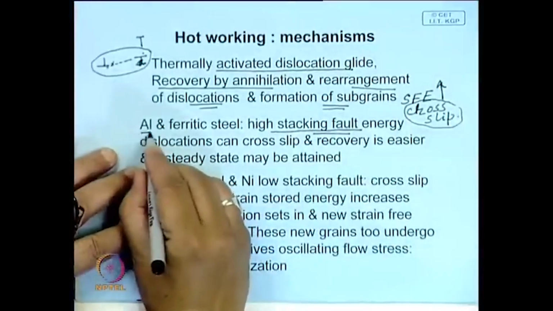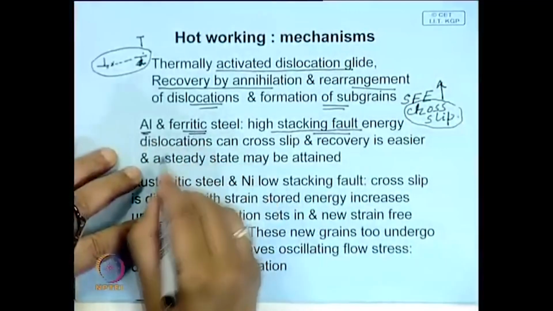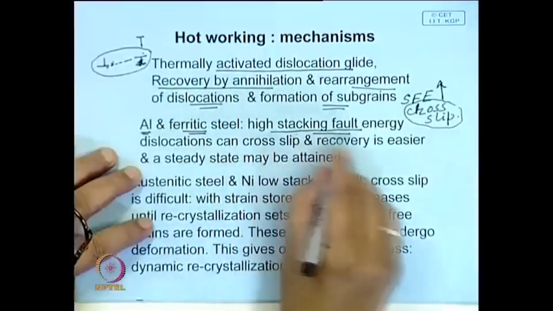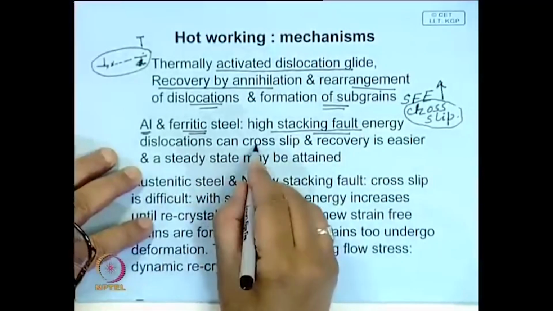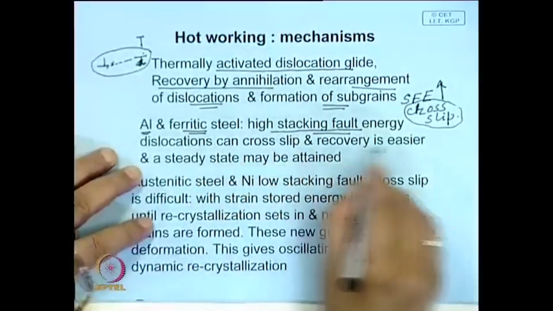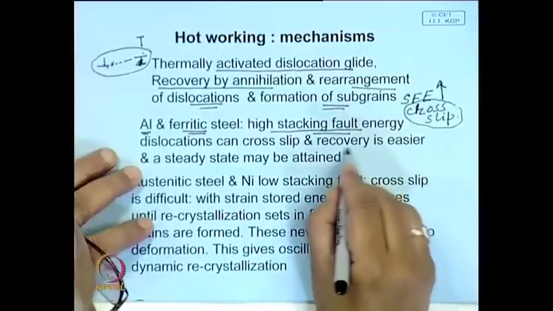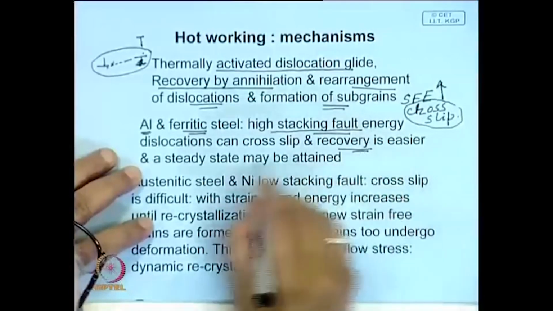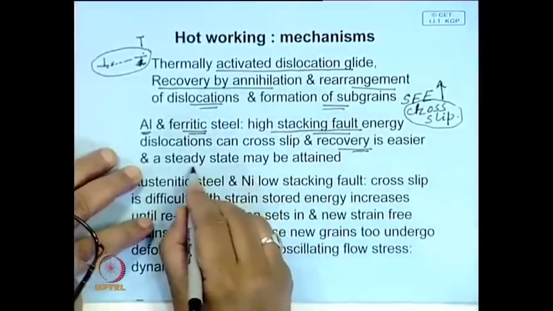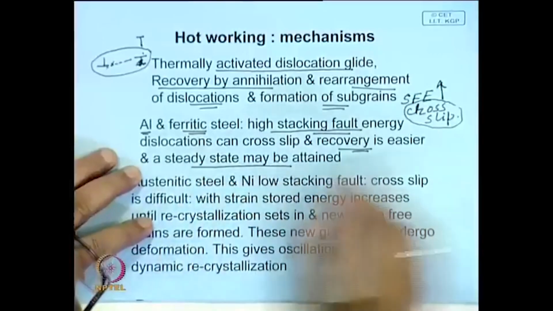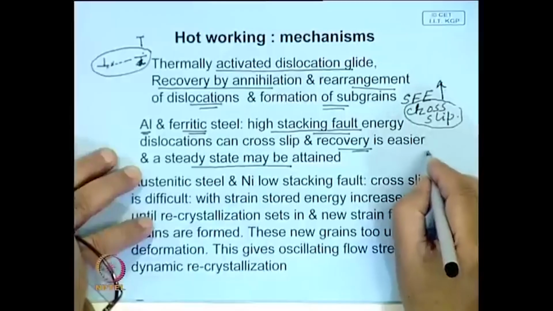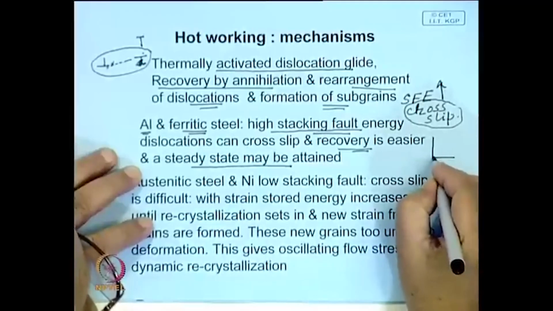So, aluminum and ferritic steel are that type of material where stacking fault energy is high. So, here dislocation cross slip, and this type of strain softening is easier, recovery is easier, and a steady state here may be attained. So, here you will have this kind of flow stress behavior.